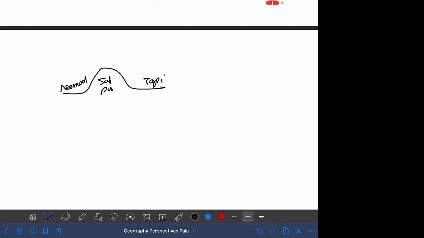As for the structure of the Satpura ranges, it is primarily composed of crystalline, granite and gneiss rocks. There is also presence of sedimentary rocks like limestone and marble.